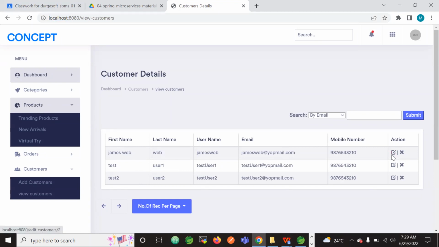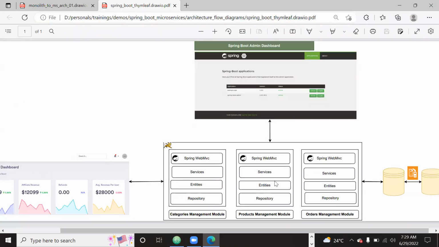When we would like to see the details of a particular product, we also would like to see its purchase order, PO. That means when we are getting the data of a particular product, sometimes we also need to get the order copy of that product. But that order copy is in the order database, meaning the order table. So product management also would like to lift the data from the order table.